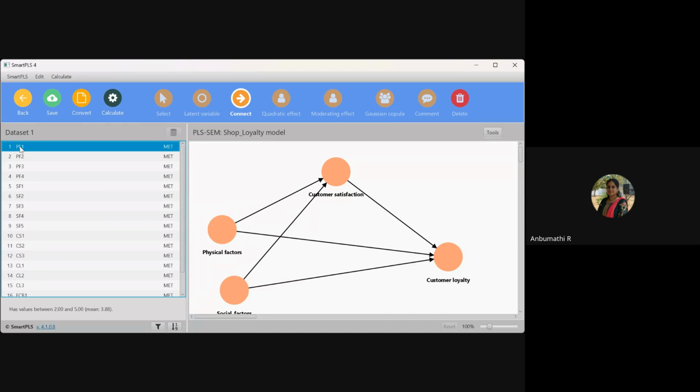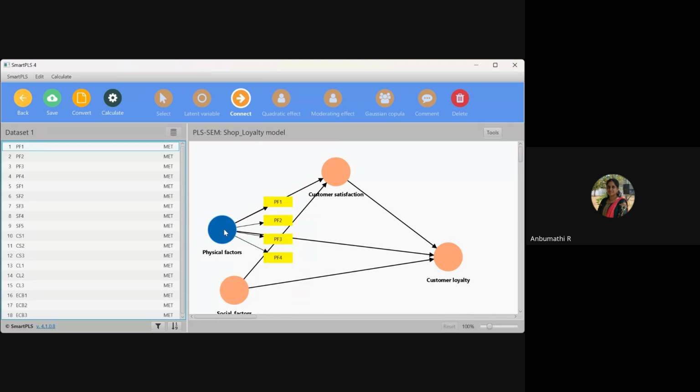I'm going to drag and drop the physical factors first, because physical factors is at the top. I am selecting PF1, pressing shift, and selecting 1, 2, 3, 4, because we have got 4 indicators or items for physical factors. I have selected these and I am dragging and dropping them to physical factors.